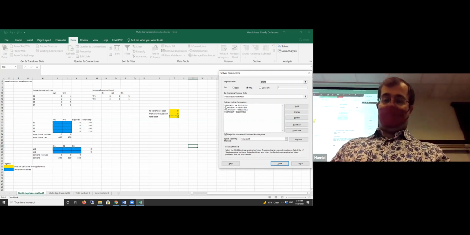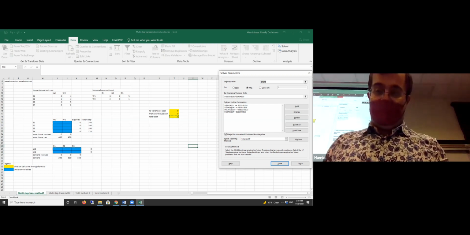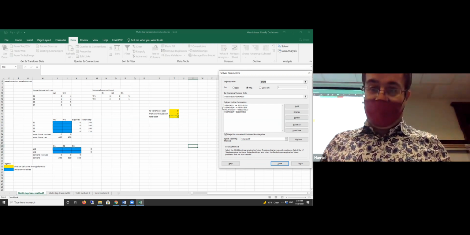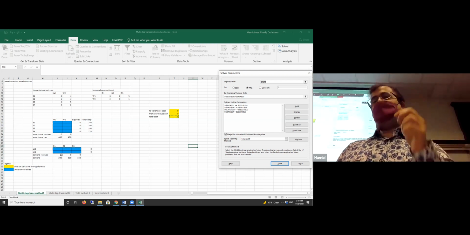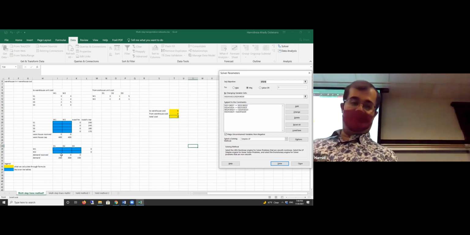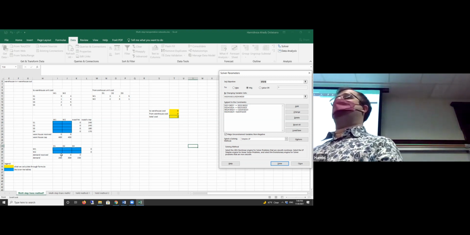Let's first check the constraint. I31 to K31. Okay, the first constraint taking care of my demand point just says I31 to K31 is the summation of the products I deliver to demand points 1, 2, 3.